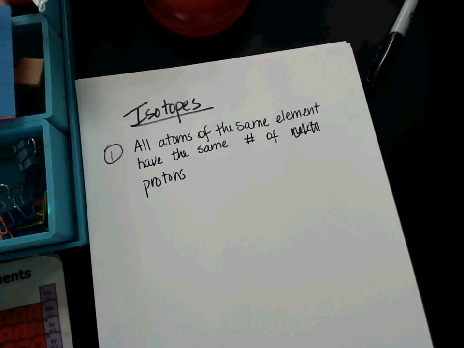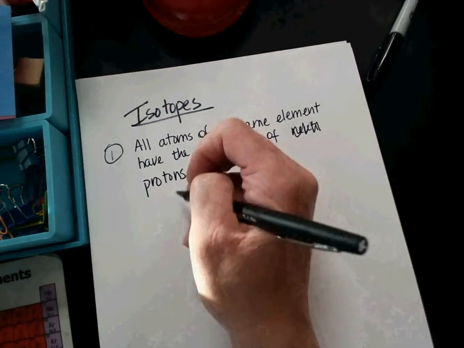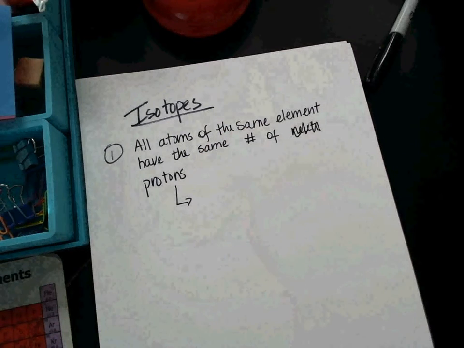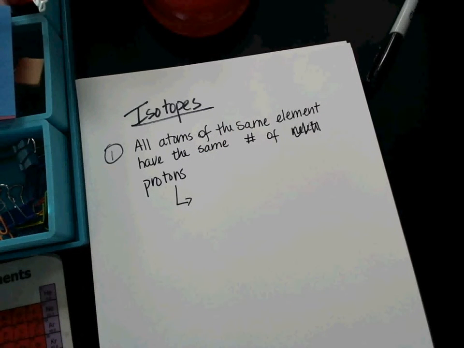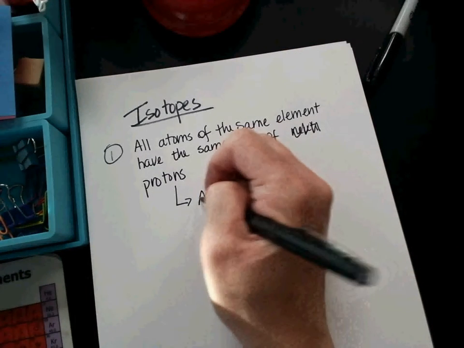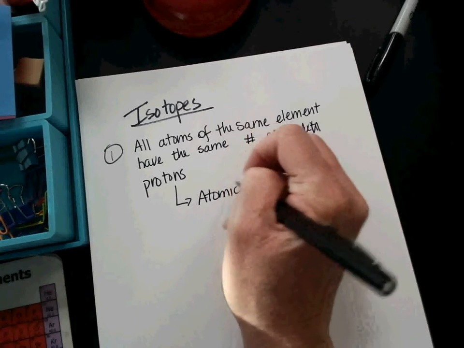So they all have the same number of protons, which means, what number tells me the number of protons? Which one of those? We've really only had two: mass number and atomic number. Which one is defined as the number of protons? Okay, so this is really the atomic number.